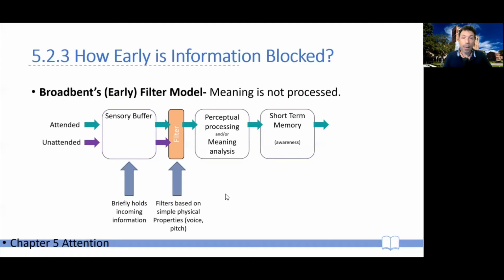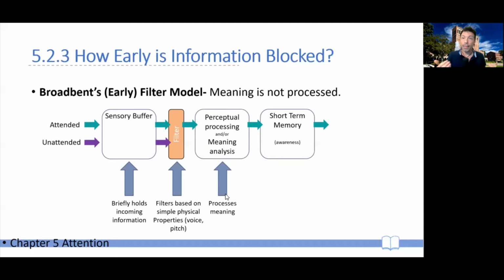And I should say Broadbent called this part a detector, something that detects the meanings. But a more contemporary reinterpretation, which also allows us to highlight certain features of this, would essentially view this point as processing for meaning.